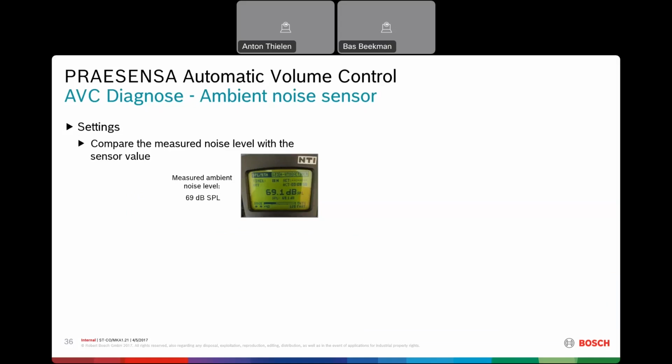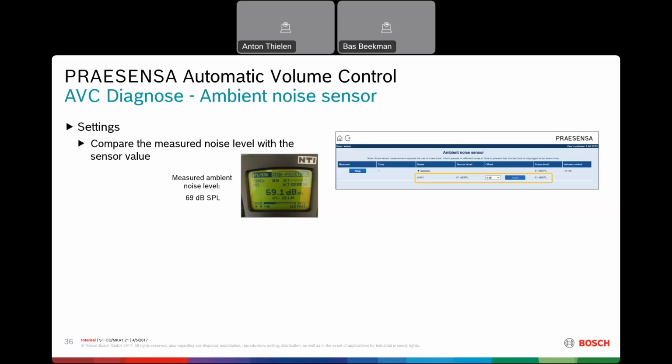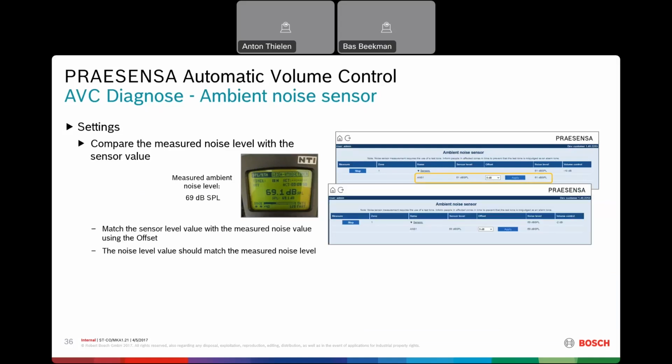You can next compare the measured noise level with the sensor value. So you normally go with an SPL meter to the field, where you measure your actual noise, and you could then calibrate that based on the sensor level which is picked up by the ambient noise.